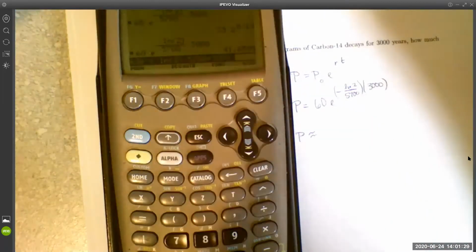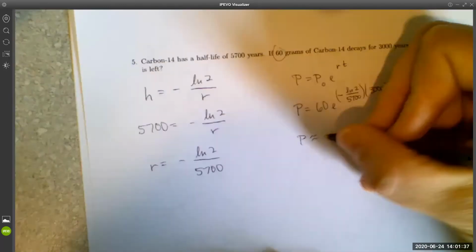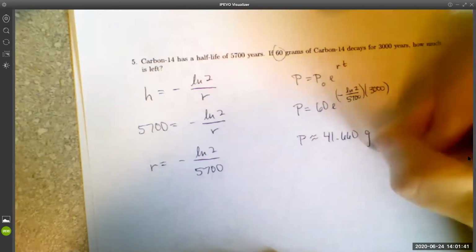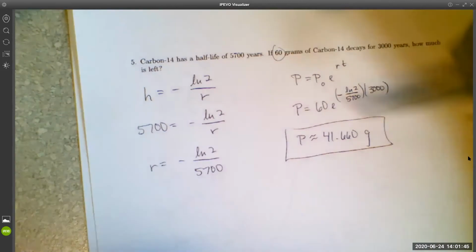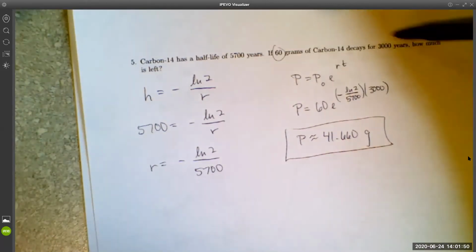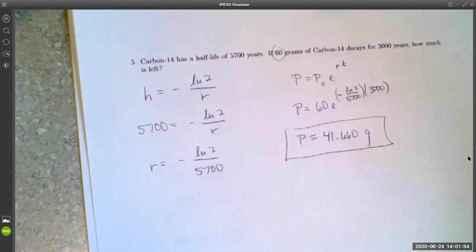Okay, so that comes out to about 41.660 grams. That's more than half, and that makes sense because the half-life is 5,700, and we're only interested in how much is left after 3,000 years. So that makes sense.